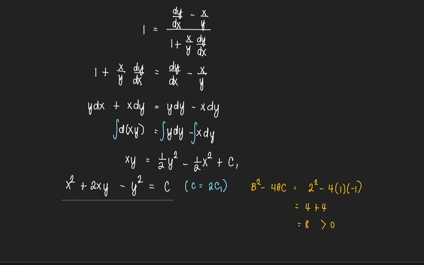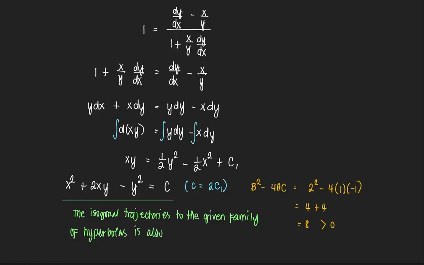So we can therefore say that the isogonal trajectories to the given family of hyperbolas is also a family of hyperbolas, and they intersect at an angle of 45 degrees. So this is our answer: x squared plus 2xy minus y squared equals c.